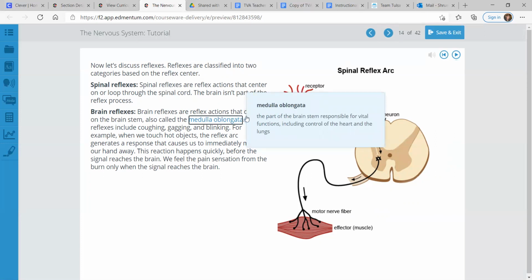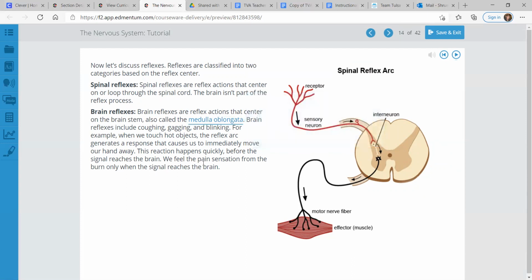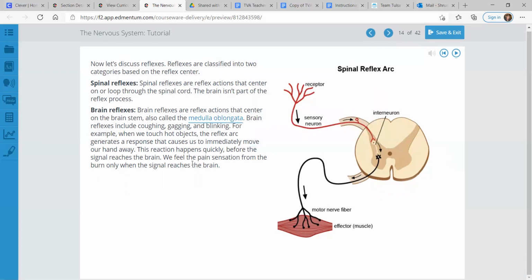Bonus points if you know a specific movie that mentions this. It's a part of the brain stem responsible for vital functions, including control of the heart and the lungs. Brain reflexes are things like coughing, gagging, and blinking.